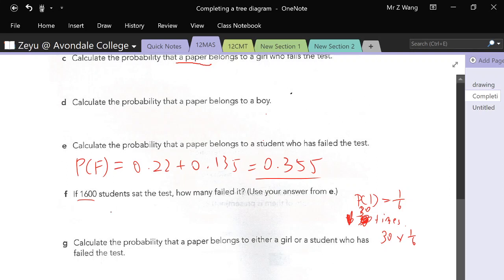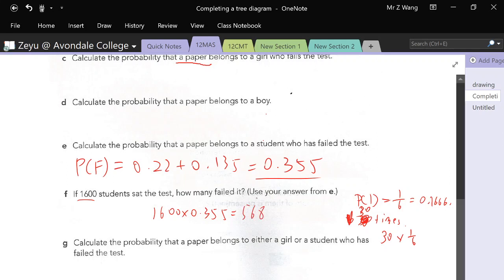Fantastic. How did you calculate it? I did 1,600 times 0.355 over 1. You don't have to put it over 1, right? You don't have to change it to a fraction. I can change it to 0.1666, so it doesn't really matter. It just remains that you have to times 568.